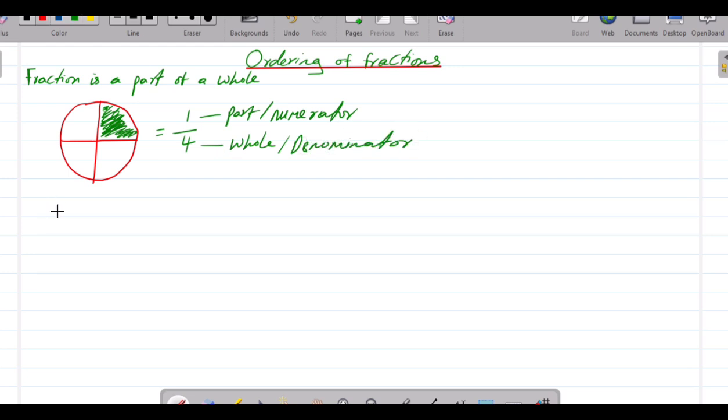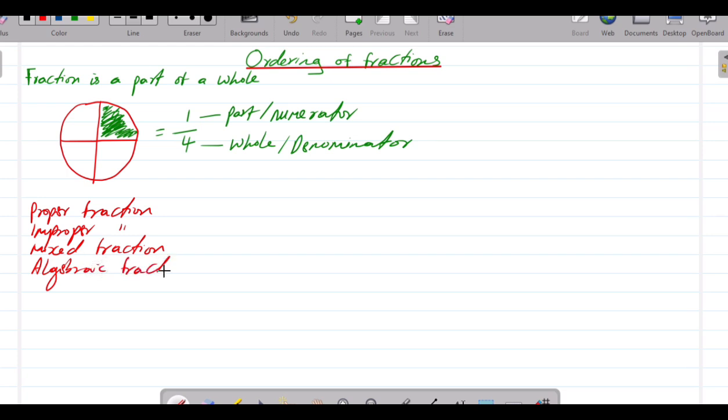There are several types of fraction, such as proper fraction, improper fraction, mixed fraction, algebraic fraction, etc. For proper fraction, we have an example in the form of 2 over 7.